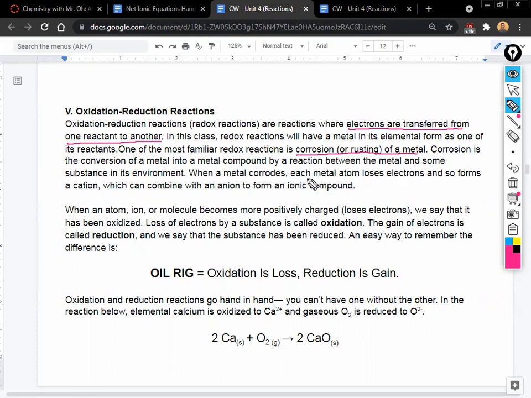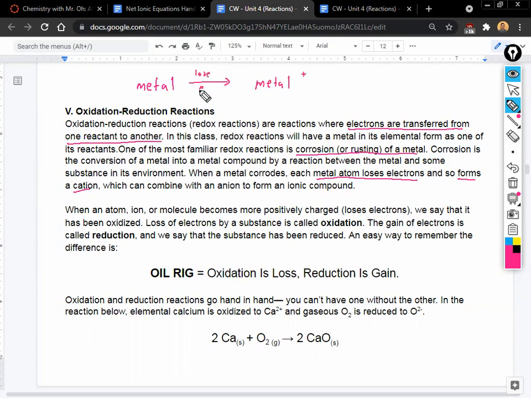In rusting, the metal loses electrons and forms a cation, right? Because electrons are negative. If you lose something negative, you become positive. So in rusting, we have a metal. It's going to lose an electron and become a positively charged metal.